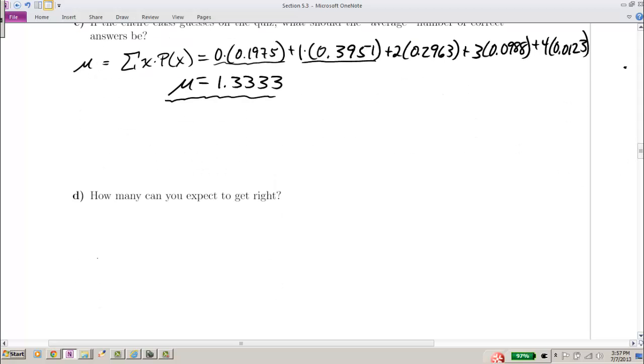Let's think about how our gut tells us to approach this. How many can we expect to get right? Well, we could think of it as we've got 4 chances, 4 questions to guess on, and a 1/3 probability of being right on each one.